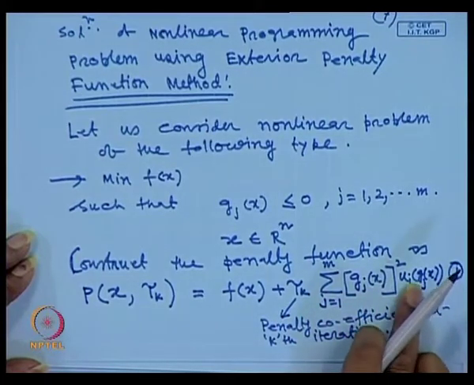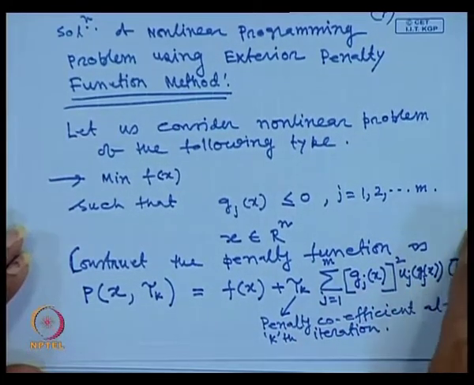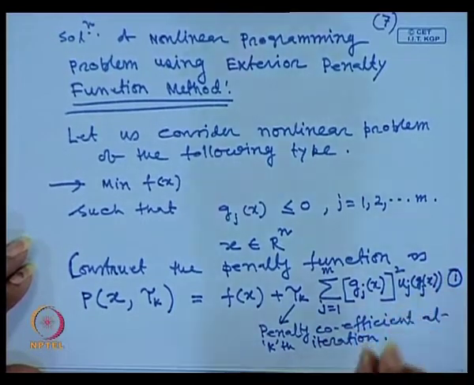Now, I will discuss what this is. If our initial point is an exterior point, outside the feasible region, then you penalize heavily, that means you give punishment on the constraint function. If it is inside, then you give weightage 0. Let us see how to do this.